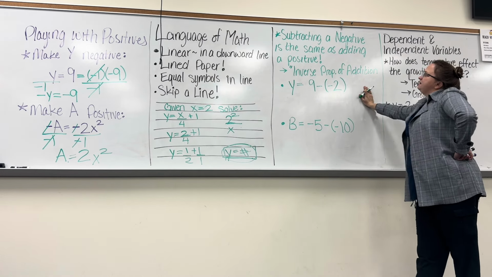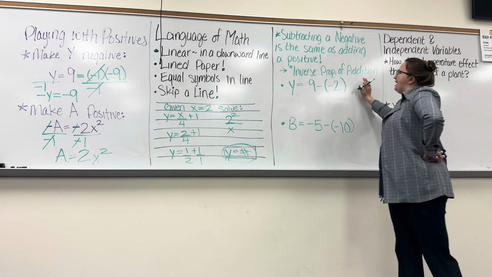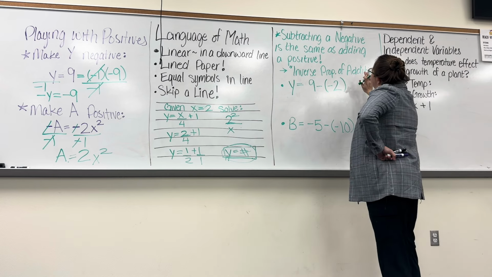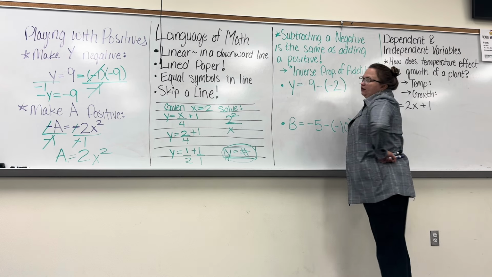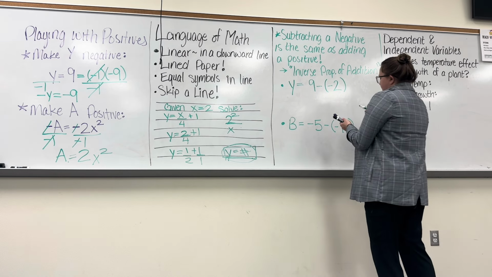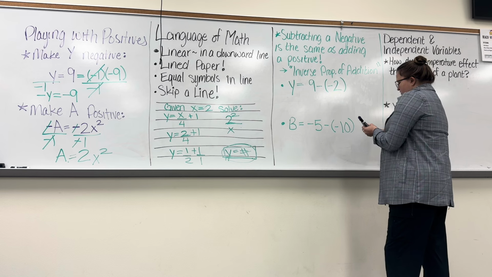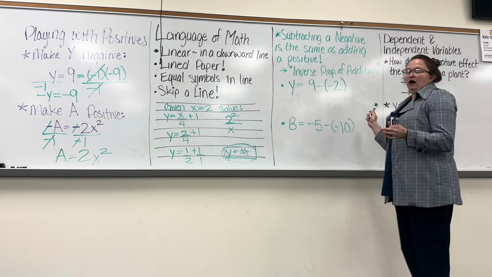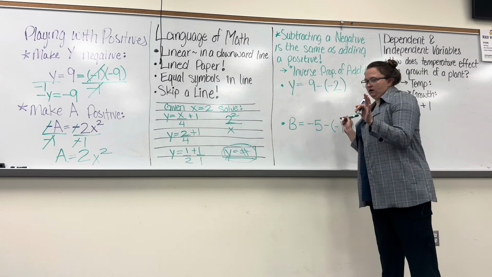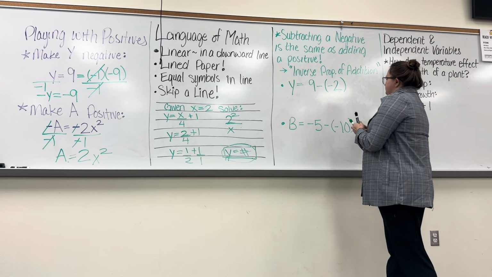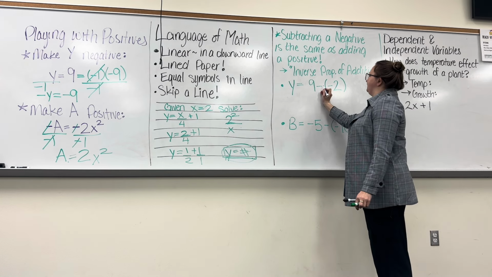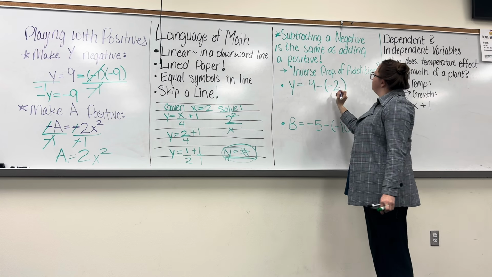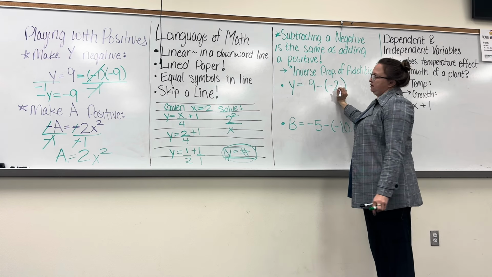Subtracting a negative is the same thing as adding a positive. This is the inverse property of addition. So, how I learned this and how I always teach it is, this is 9 minus the quantity of -2, okay?